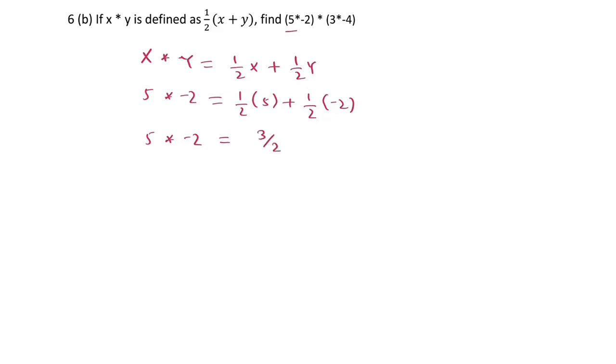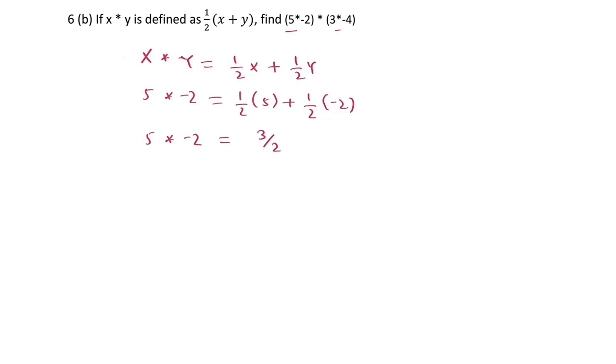Also, let us take 3 star negative 4 from 5 star negative 2 star 3 star negative 4, then substitute 3 and negative 4 as values of x and y respectively into the given equation.